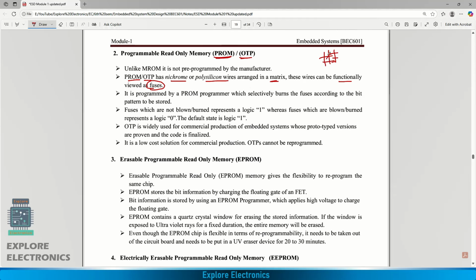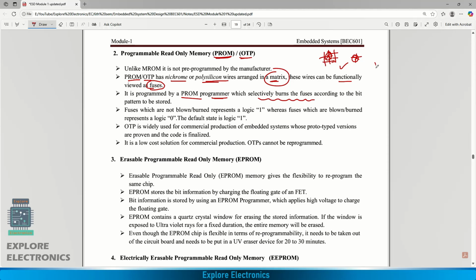We can connect them or break them to make or break the connection. By doing that, we can program them. Remember, there are polysilicon wires arranged in a matrix format, and we can program by connecting and breaking. You can see here it is programmed by a PROM programmer, which selectively burns the fuses.